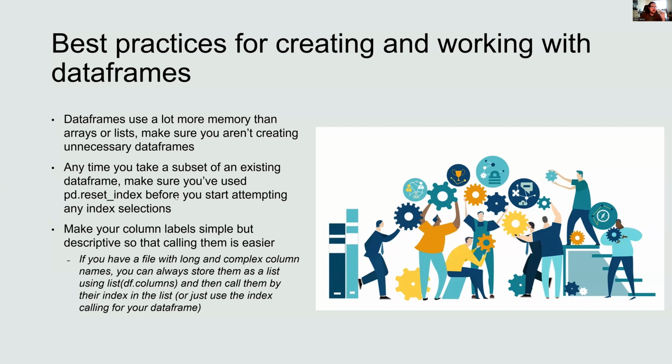Secondly, anytime you take a subset of an existing data frame, it's going to give you the row indexes from the original data frame. So make sure you do reset_index.